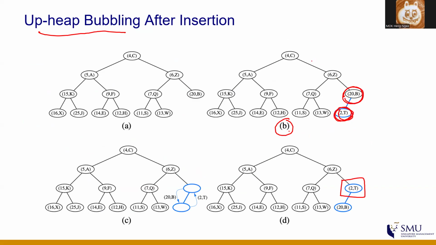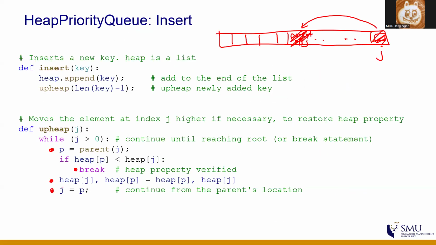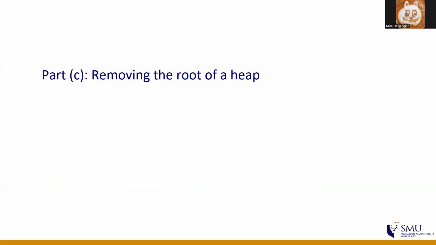All right. Here it is. And then now I'm keeping track of j. j is now at position p. And I repeat the while loop to check who is the parent of that node, and is there a swap required, and so on. So that's how up-heap is written. Okay. I'll stop here.